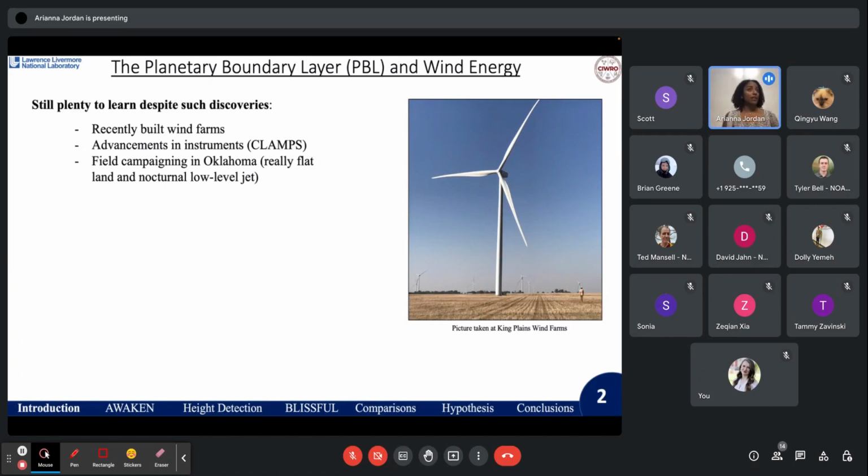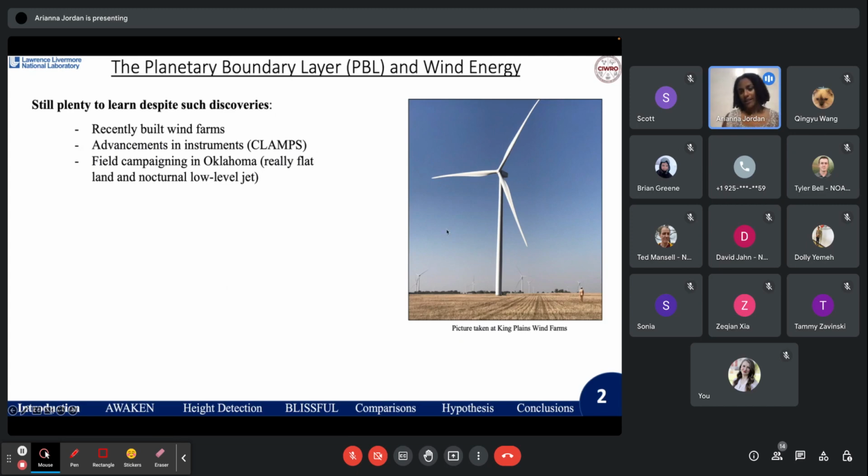For example, there've been a lot of recently built wind farms in the past 20 years or so. There've been a lot of advancements in instruments such as CLAMPS, which I'll be talking about in a moment, as well as methods to apply the data from these instruments, which I'll also discuss. There also hasn't been a ton of field campaigning in Oklahoma regarding these wind turbines.